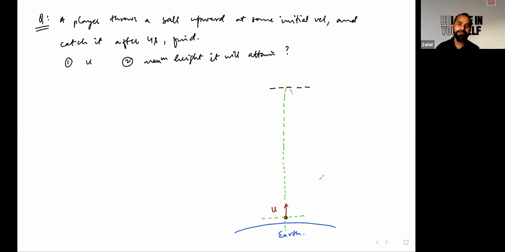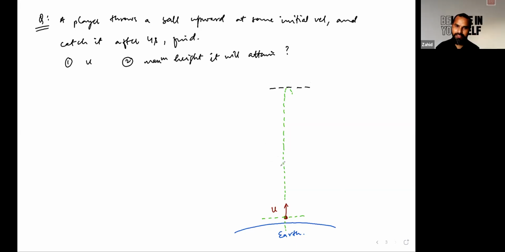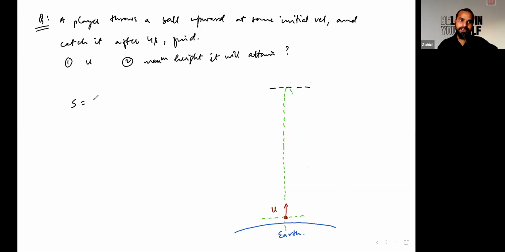Is it clear? Yes, sir. Height in this condition would be positive or negative? The height covered by the ball during its upward motion is positive. Good. So in this situation, S is positive H. At the highest point, velocity would be 0.